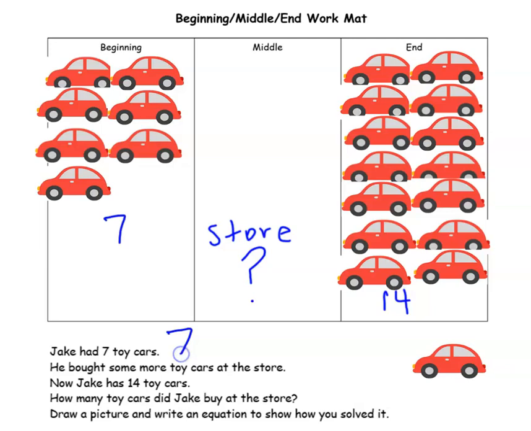So we know that 7 and whatever he bought at the store, we know he now has 14 cars. So, I also can think about it as if he had 14, oh, let me get the eraser here so that can be nice and neat.